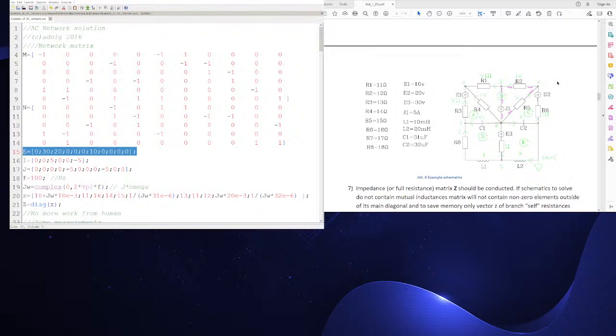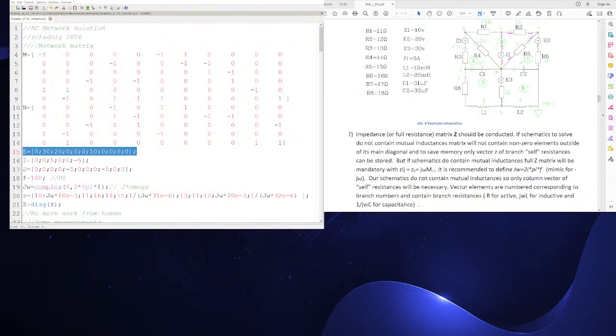Let's say we have branches 1 and 2 coupled, so elements 1,2 and 2,1 will reflect this mutual inductance. In our case, these schematics do not contain mutual inductance, so we can store elements in a vector.